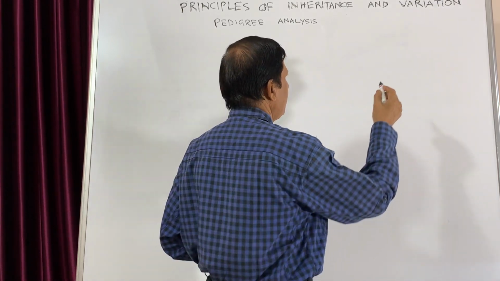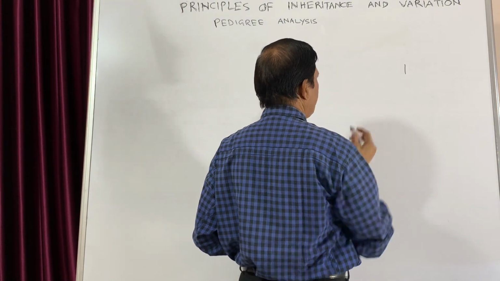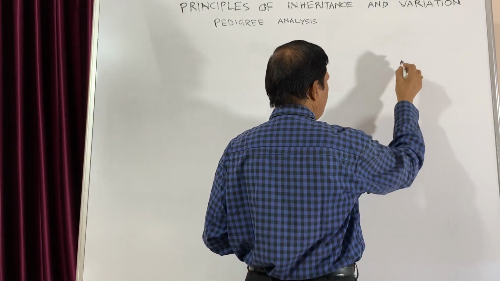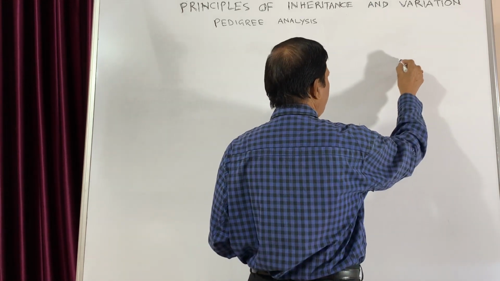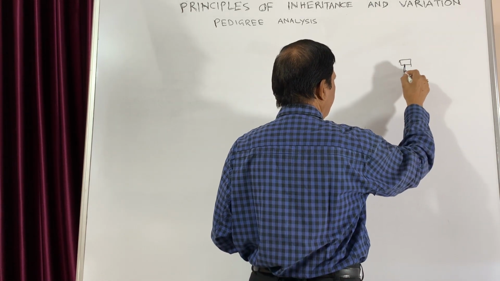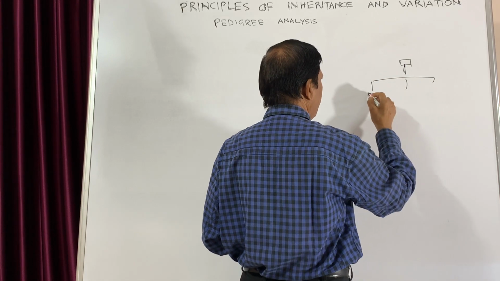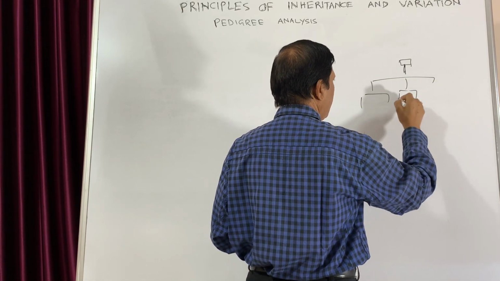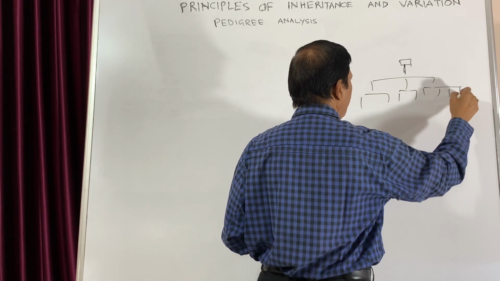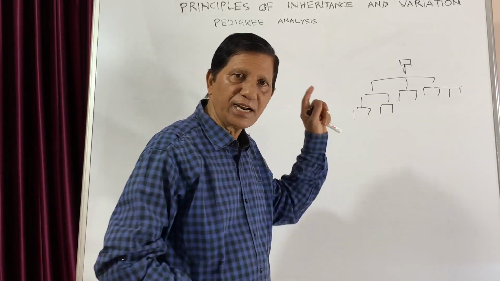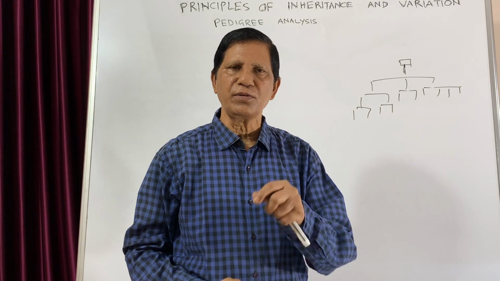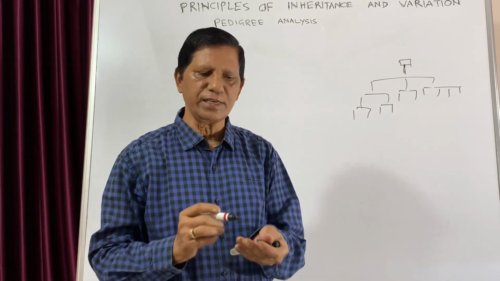That means, suppose this is the main person from which the character is inherited. Then how many children are there? Then again how many children are there? 2, 3, 4, 5, like that. That means in generation after generation we have to study it. This graphic representation is known as pedigree analysis in case of human beings.